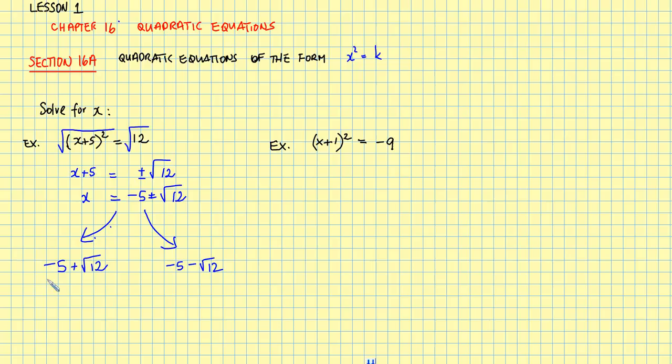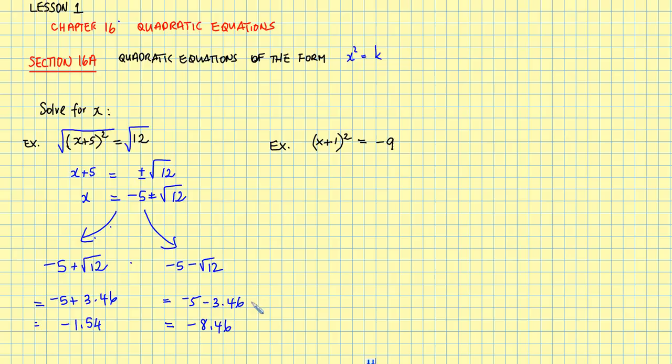So it would be negative 5 plus 3.46, or negative 5 minus 3.46. So we would get our answer on one side to be approximately negative 1.54, and on the other side we would get negative 8.46.